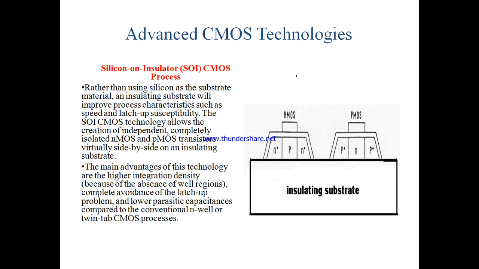The SOI CMOS technology allows the creation of independent, completely isolated NMOS and PMOS transistors virtually side by side on an insulating substrate. The main advantages of this technology are the higher integration density because of the absence of well regions, complete avoidance of the latch-up problem, and low parasitic capacitance compared to the conventional N-well or twin-tub CMOS process.